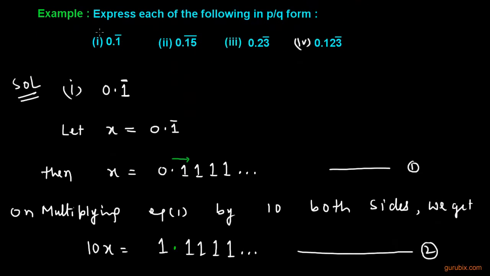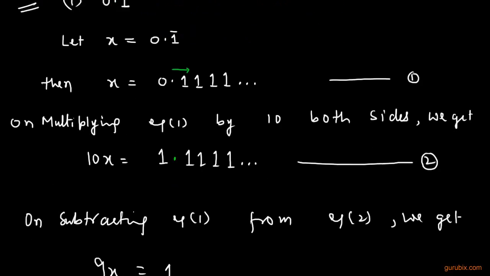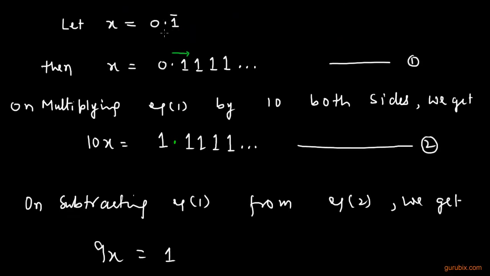We shall start with part 1, and part 1 is given 0.1 bar. We shall let this value 0.1 bar be equal to x. Then we can write this as 0.11111, and let this be equation number 1.